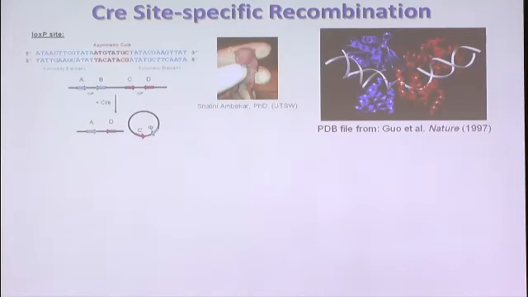The circle corresponds to this piece of DNA in between, between B and C, which has now been effectively cyclized by the recombination reaction. And this is a crystal structure of a LOXP site complexed with a pair of Cre monomers. So there's a Cre monomer bound to each one of these symmetry elements in the active complex.